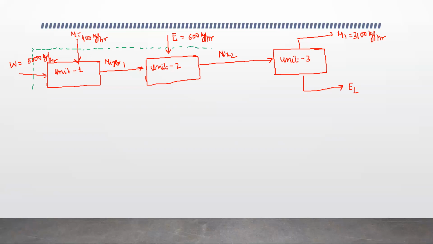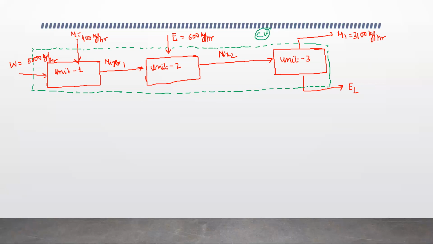So what I'm going to do is make a system boundary about this entire system. This green is basically my system boundary, or you can say this green colored box is my control volume.